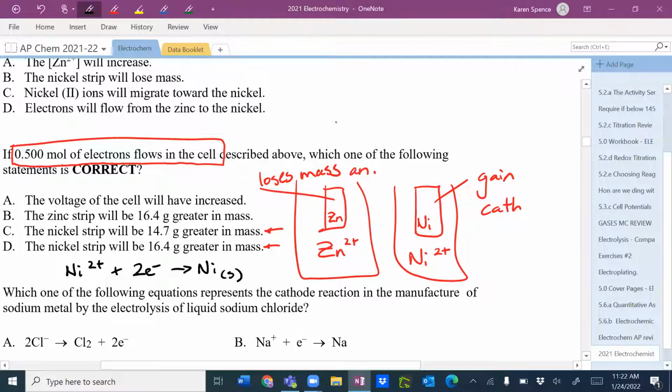So if we have 0.5 moles of electrons, there's 1 nickel 2+ for every 2 electrons. And the molar mass of nickel, grab a data booklet here, is 58.7. Okay.